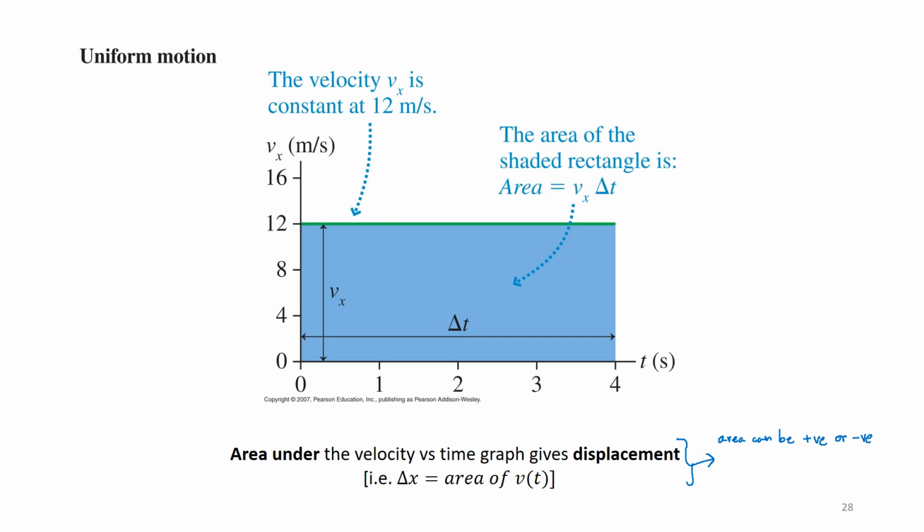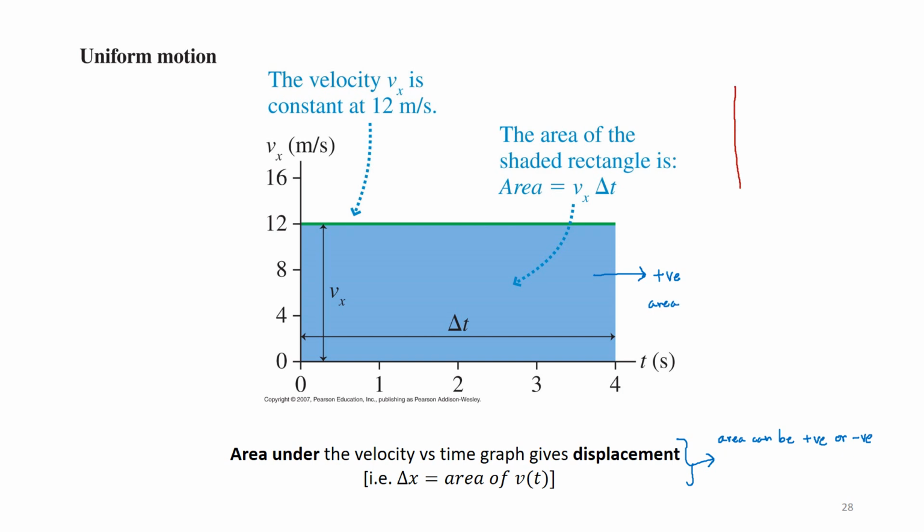If you end up with a positive area, meaning you're calculating the area above the time axis, you get positive displacement. So here we have a positive area because the area is above the time axis.